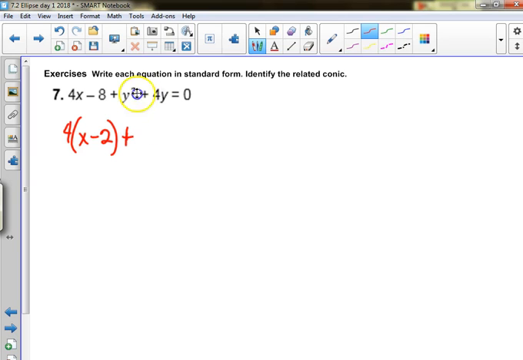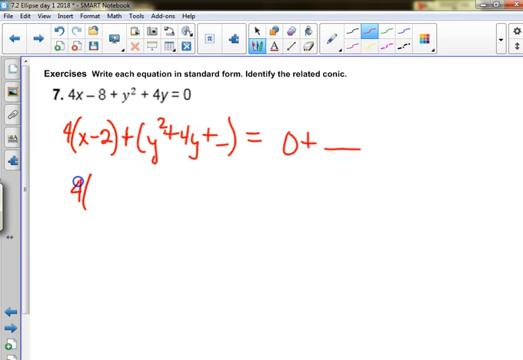Right. What about over here? y squared plus 4y plus blank. Some of you need that step, some of you don't. y plus 2 quantity squared is a 4?